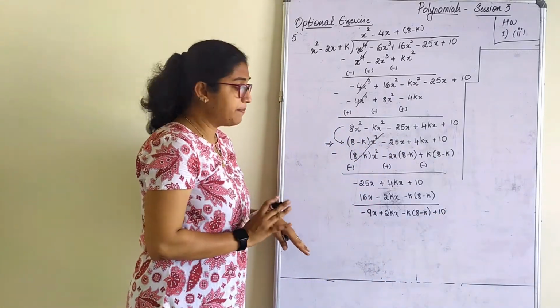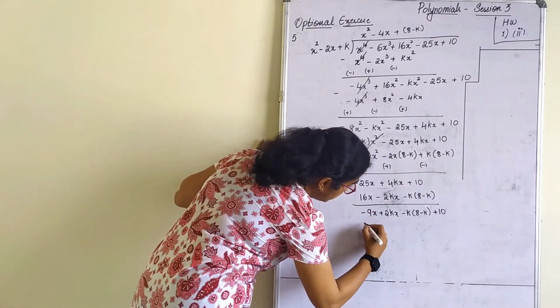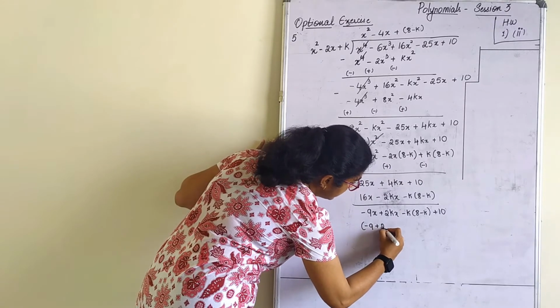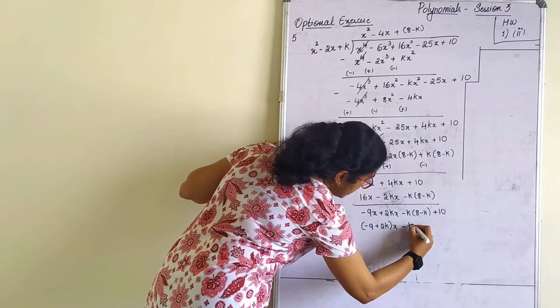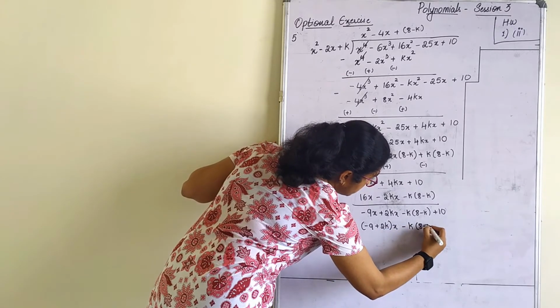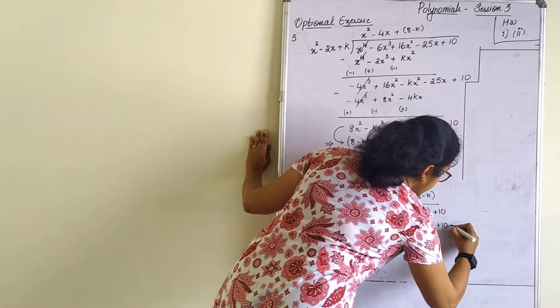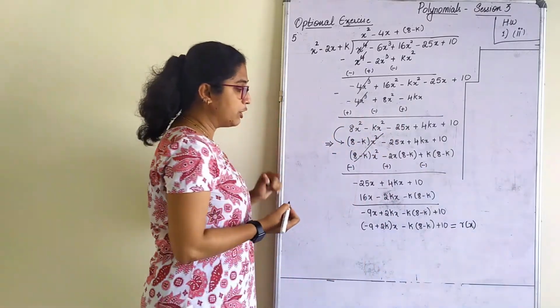This is the last step, nothing more to do further. So x is common. Minus 9 plus 2k of x, minus k of 8 minus k plus 10, and this is the remainder of the given polynomial.